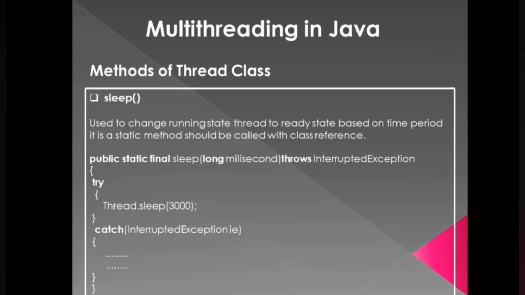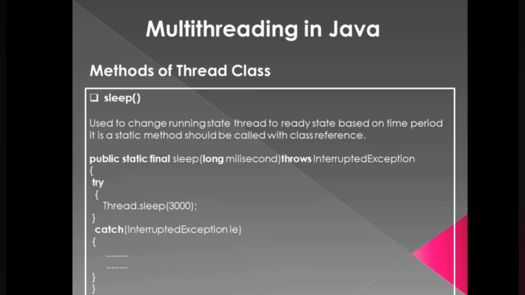Here we have the example: public class Name extends Thread, and then public void run() with statements inside. Next one we have the sleep method, used to change a running state thread to ready state based on the time period. It is a static method and should be called with the class reference. Here we have the example: public static final void sleep(long millisecond) throws InterruptedException.